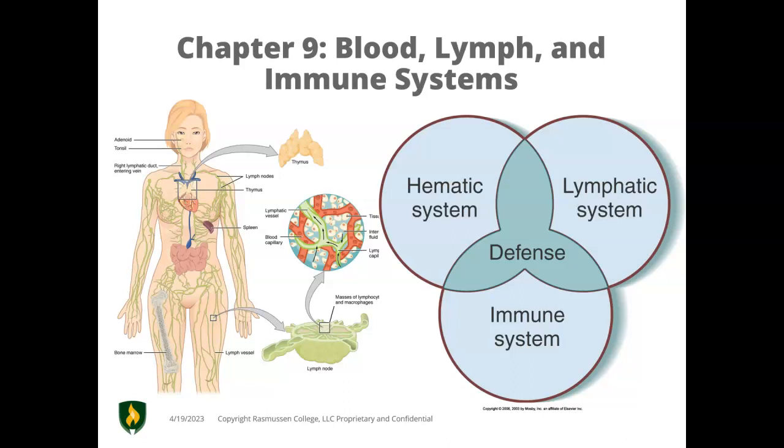Blood is a body tissue composed of cells suspended in a liquid medium called plasma. 2 important blood cells, monocytes and lymphocytes, provide protection to the body against invasion by disease-causing organisms or other harmful substances. These 2 blood cells are considered part of the immune system.